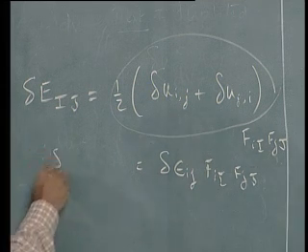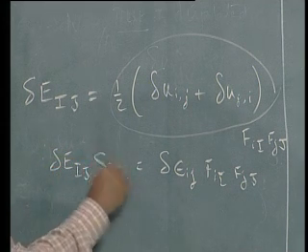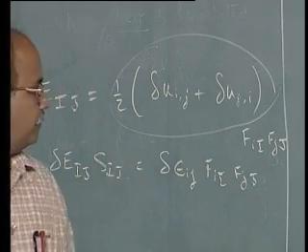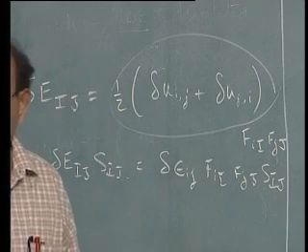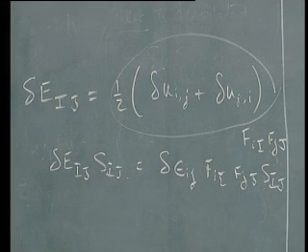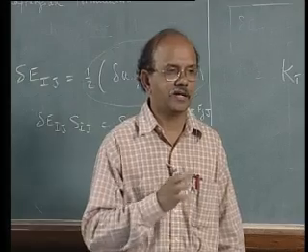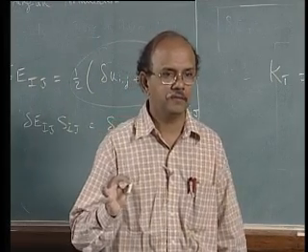Now let me take Eij, Sij. What happens to this term? Let's see how many of you are able to recognize and say something. Sij, second Piola-Kirchhoff stress. Yes. So what is the relationship between the second Piola-Kirchhoff stress and Cauchy stress?